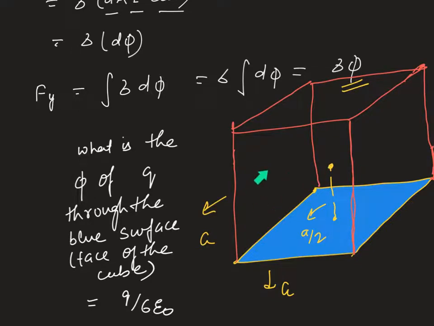It is equidistant from this face, this face, this face, all faces. So the total flux of this charge, we all know, is q by epsilon naught. If we take all the field lines everywhere in all directions, the total flux is q by epsilon naught, and the flux through one face is 1/6 of that, that is q by 6 epsilon naught.